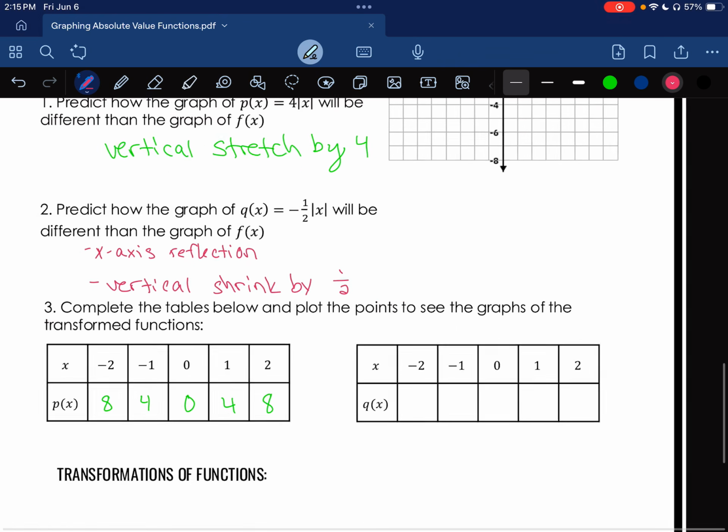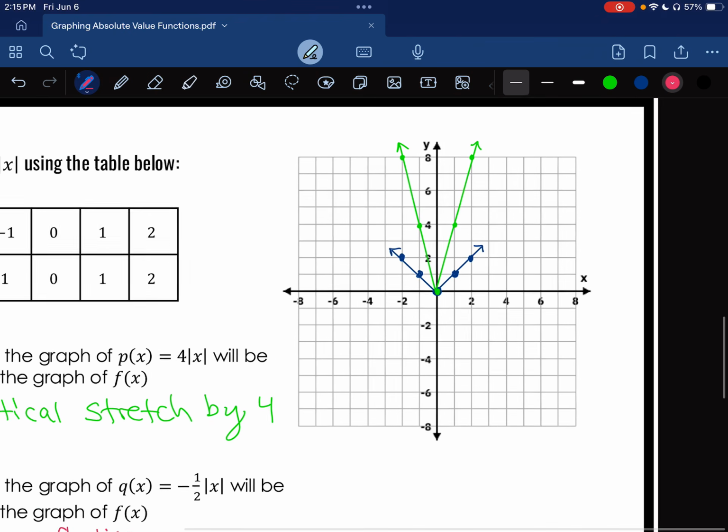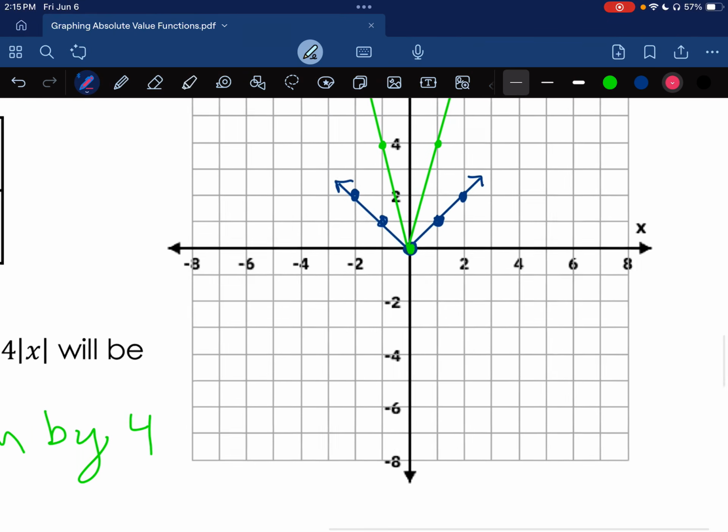At that bottom section that says transformations of functions. My y coordinates for this one are going to be -1, -1/2, 0, -1/2, and -1. And if I go to graph this, all three of these still have that vertex at 0 because they didn't move up, down, left or right at all.